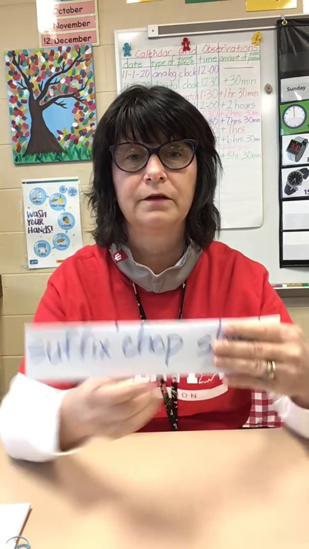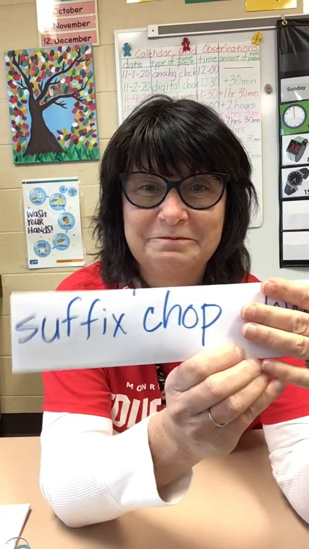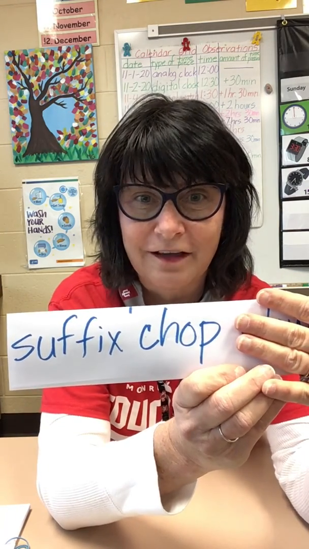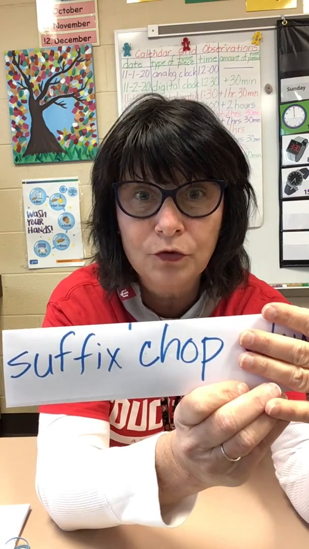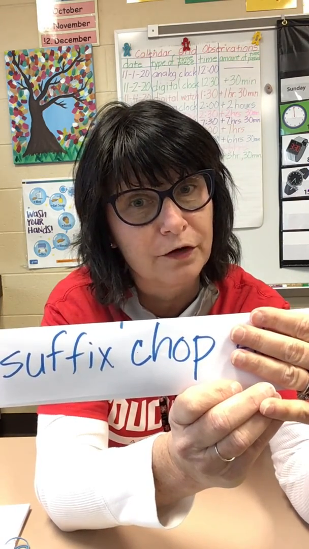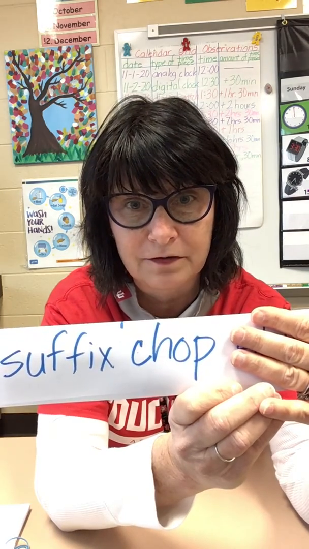Okay? And there's one other thing you can try if you're looking at a word and you're not quite sure how to sound it out. It's called suffix chop. That means that you chop off the suffix, just like it says, suffix chop, and maybe you'll know the base word. Or maybe you could sound out the base word if it wasn't so long with that suffix on it.